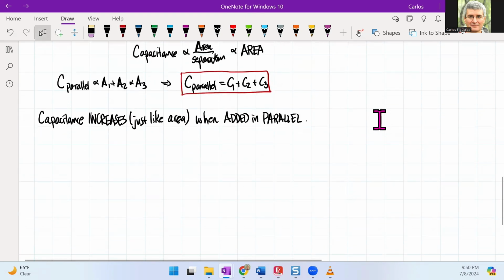Now I can go and talk about capacitors in series.